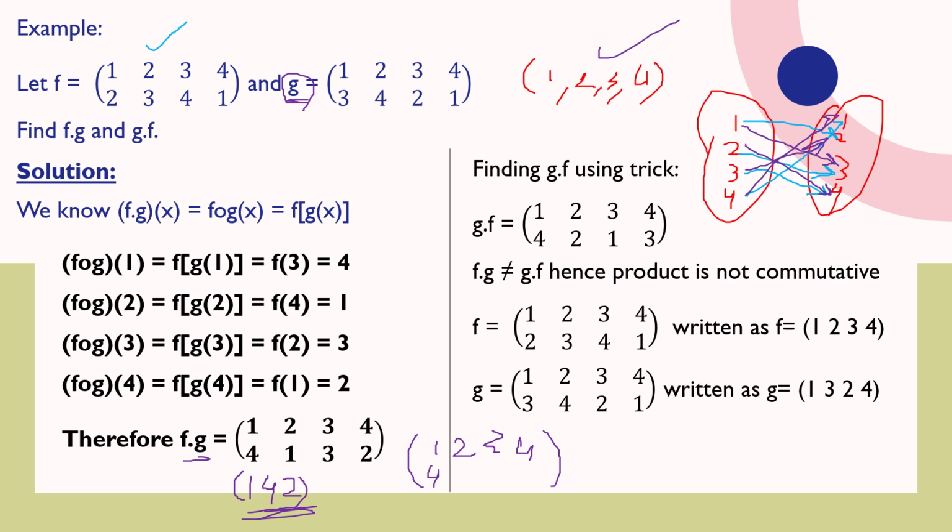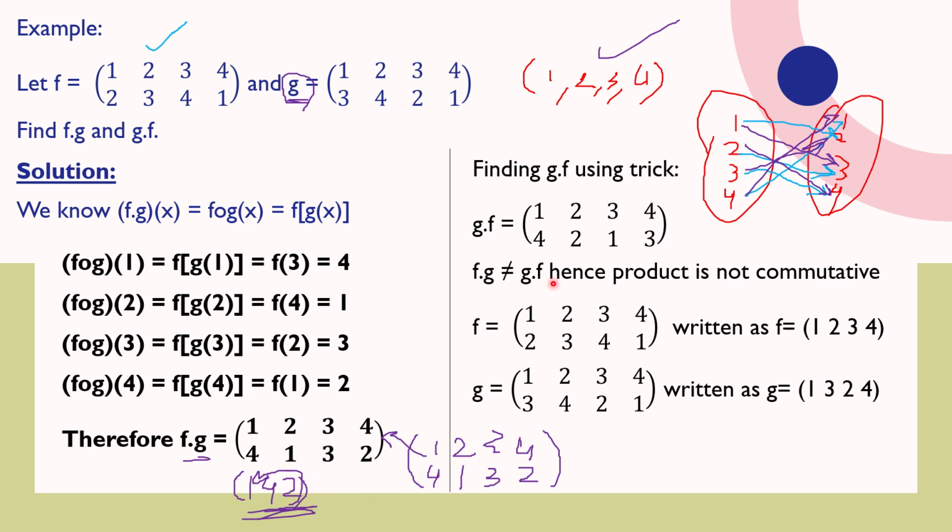Then 4 goes to 2, so under 4 you will write 2. Then after 2 it ends, so the cycle repeats, so 2 goes to 1. 3 wasn't mentioned, so 3 is written as it is. So isn't this similar to this one? It is, right? So that's how you will write the bigger form and the smaller form of the permutations.